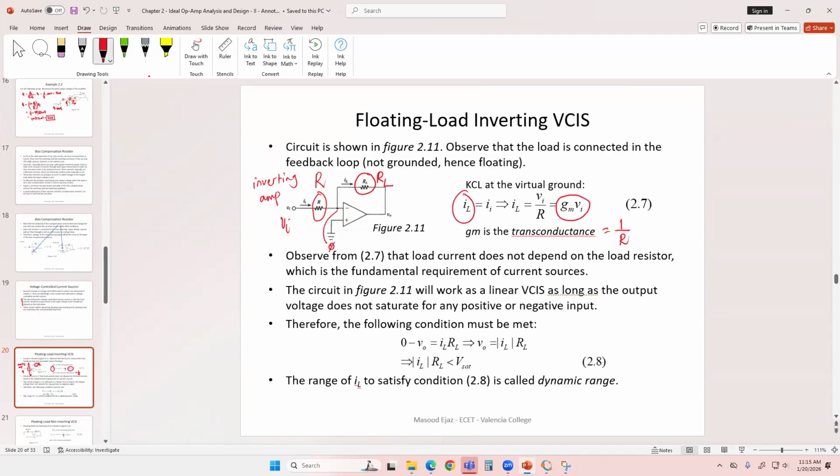Whatever value of RL you're using, the load current is going to be independent of that value. As you can see, RL does not appear in this equation at all. So the same circuit, the inverting amplifier circuit, can be treated as a voltage controlled current source.